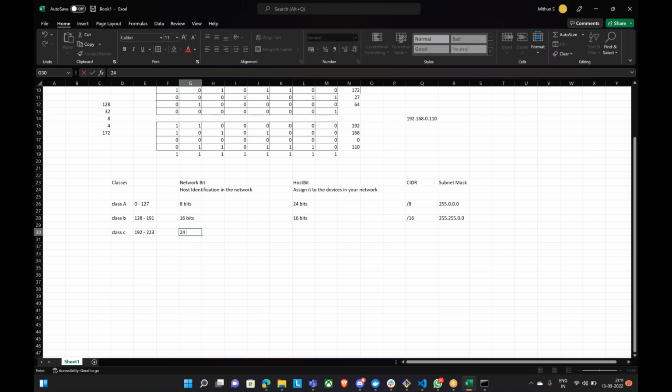If you are going to use class C, you use 24 bits for the network and the last 8 bits for the host, and the CIDR will be /24, and the subnet mask will be 255.255.255.0. Is it clear?